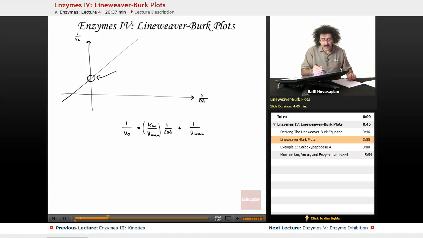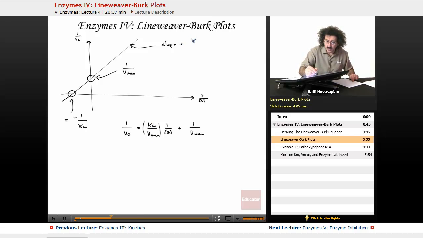Where it hits the y-axis, that's equal to 1 over Vmax. So you literally read this number, set it equal to 1 over Vmax, switch the two, and solve for Vmax. Where it hits the x-axis, this is equal to minus 1 over Km. And the slope of this equation is equal to Km over Vmax.